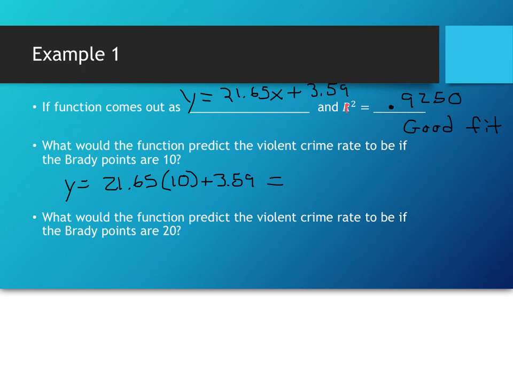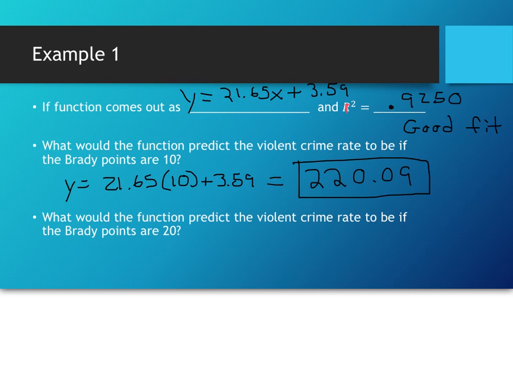I got 220.09 as the violent crime rate. And I forget what units that is. That might be violent crimes per 100,000 people or something like this.